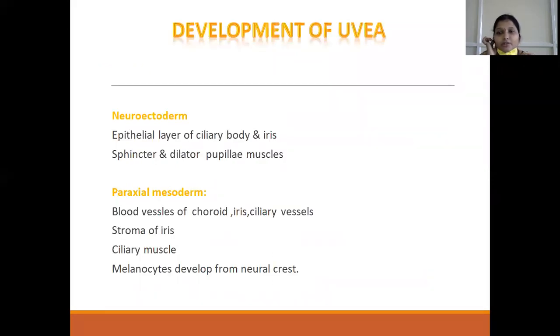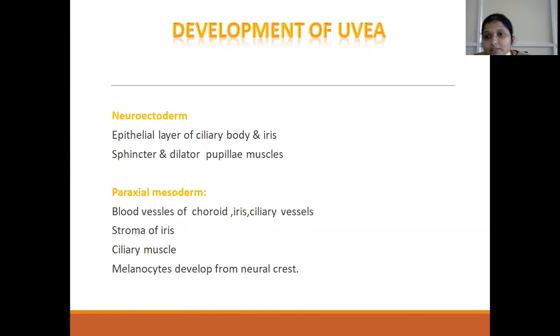Coming to development of uvea. This is an important PG bit for you. So what are the derivatives from the neuroectoderm and what are the derivatives from the mesoderm is important. Generally, which part sphincter pupillae and dilator pupillae are derived from is a question asked regularly, and we generally confuse that muscles arise from the mesoderm.